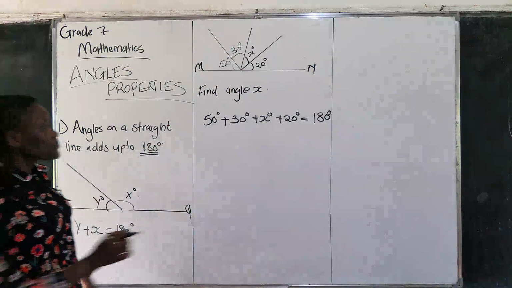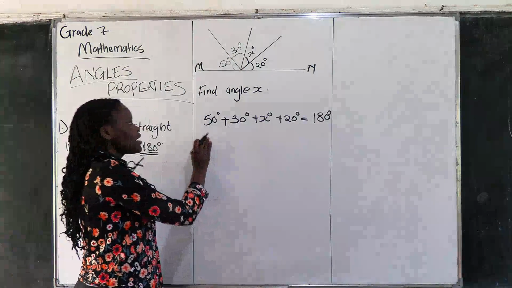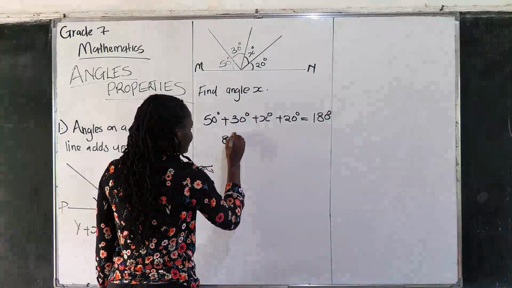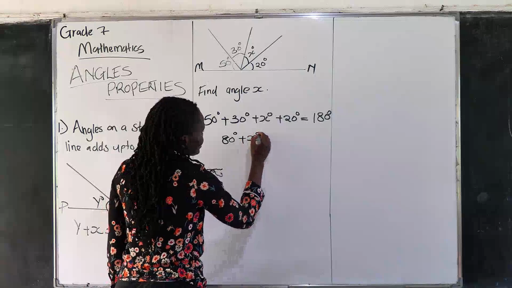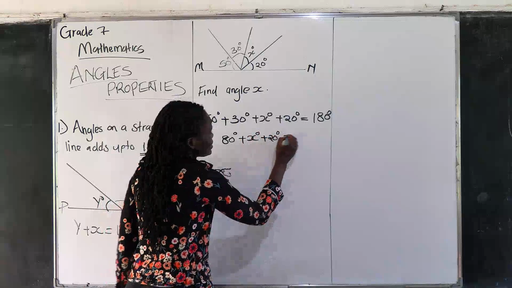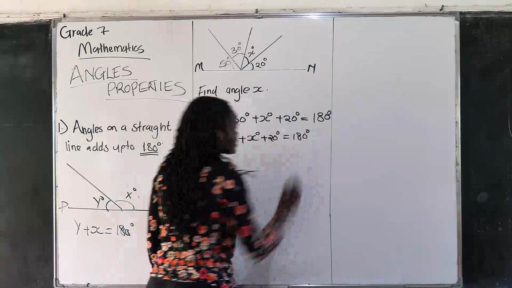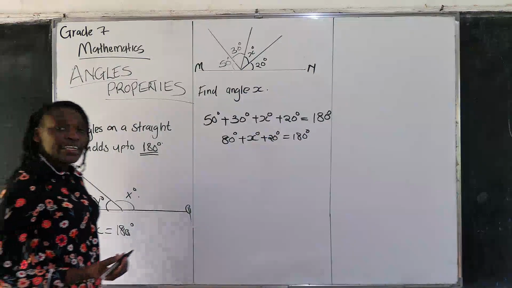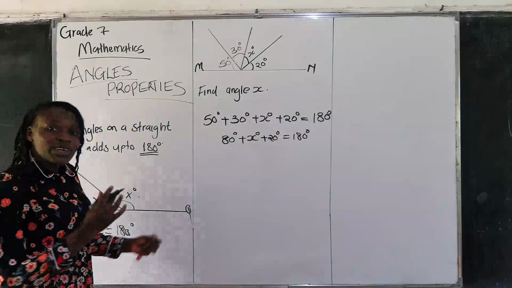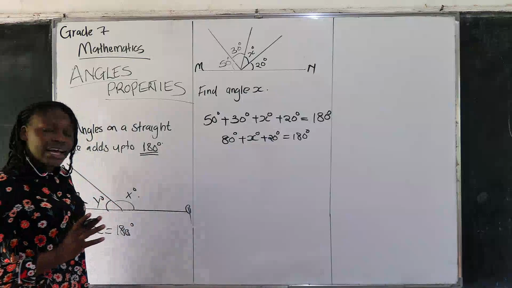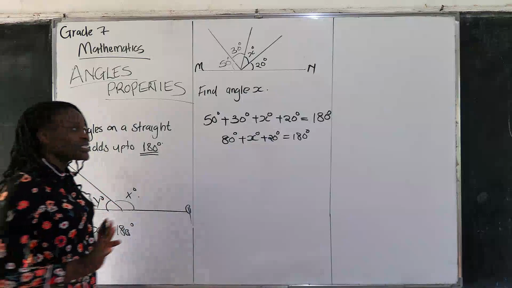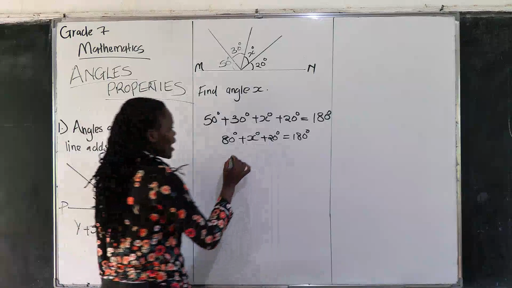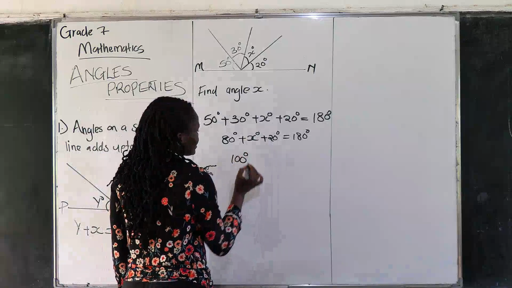So let's add. 50 plus 30 will give me 80 degrees, plus X degrees, plus 20 degrees is equal to 180 degrees. After that, I still continue adding. You add the knowns together and the unknown you don't add. You'll just remain with it that way. So 80 plus 20 will give me 100 degrees.